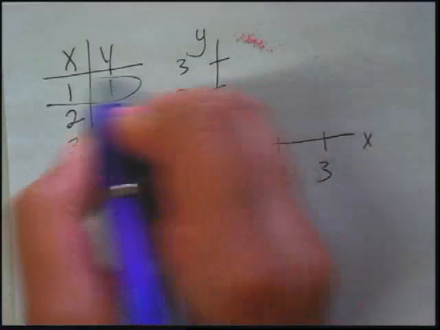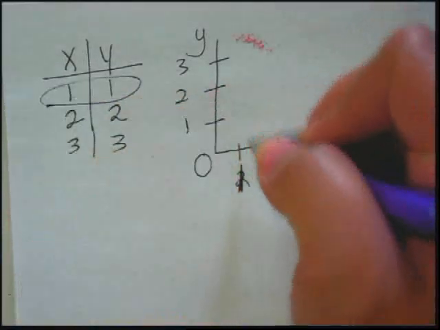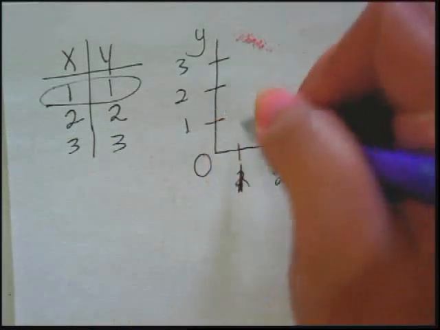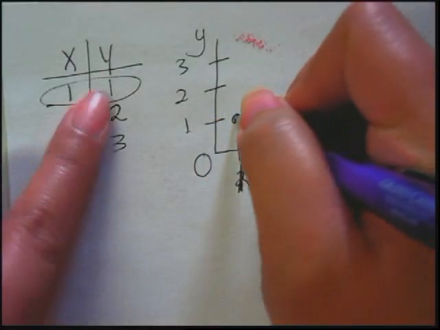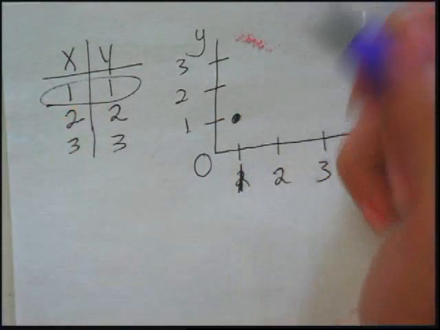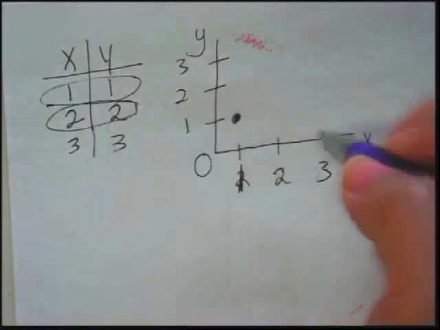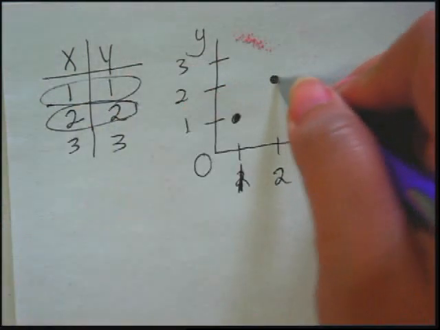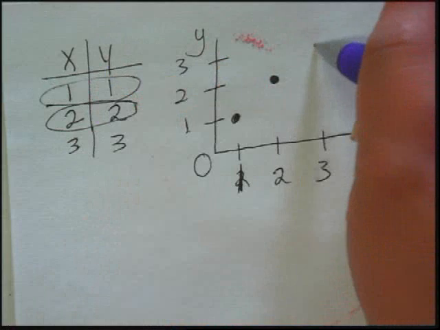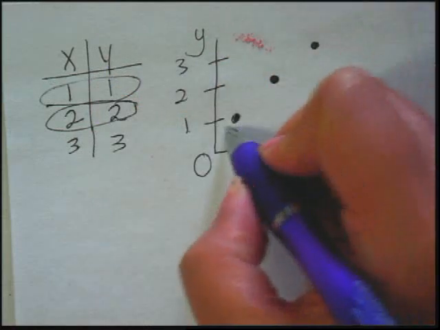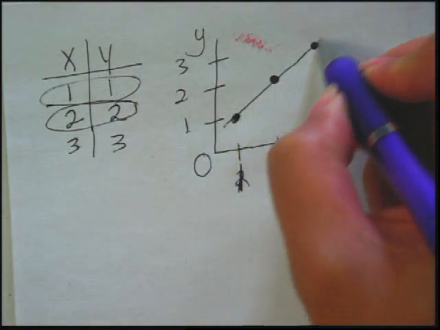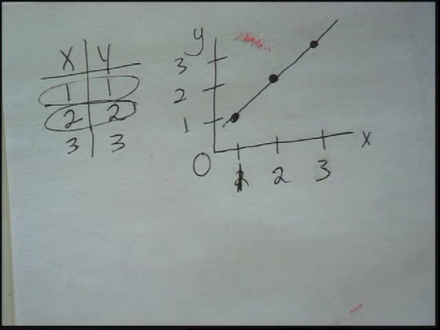So that first point, 1, 1, we're going to find where x is 1 and y is 1. That would represent this data point right here. The second data point is 2 and 2. And the third one is right there. And then if you connect those dots, you've got a line that looks like that.